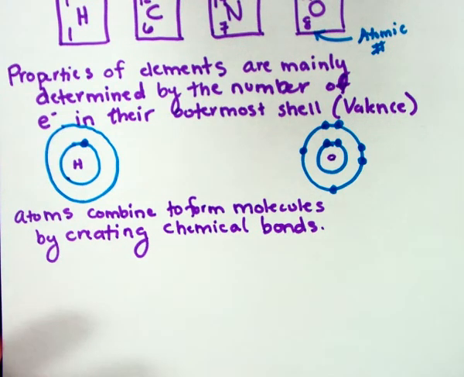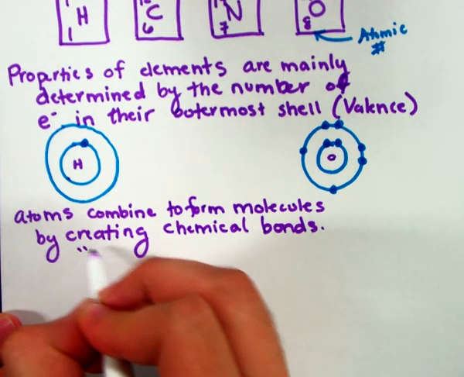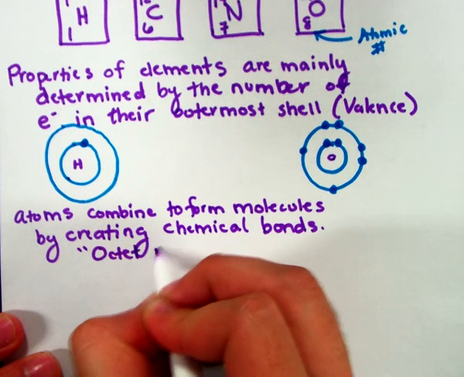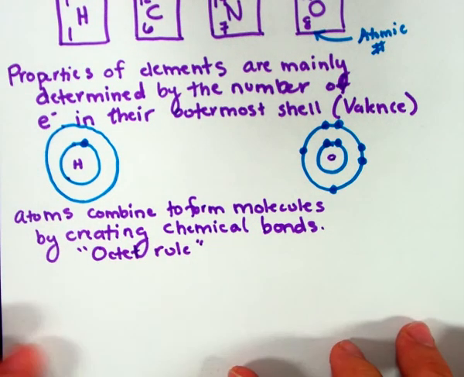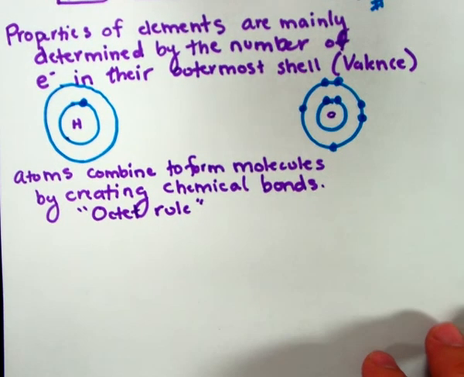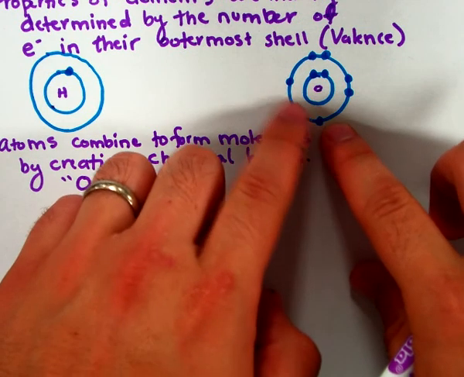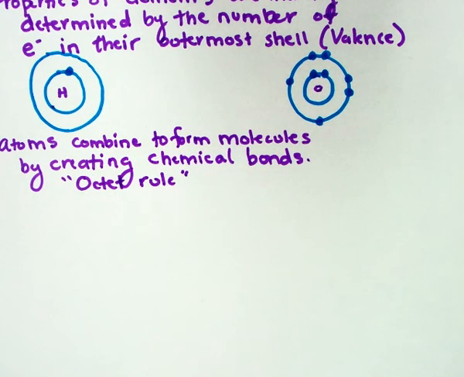You might have seen the term the octet rule, right? Which simply says that an atom will bond with another atom, or favor bonding with another atom, if it satisfies or completes its outermost shell. So in the case of oxygen, it needs two more to fill its valence shell. They call it the octet rule.